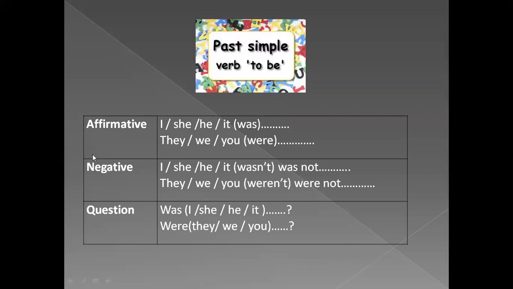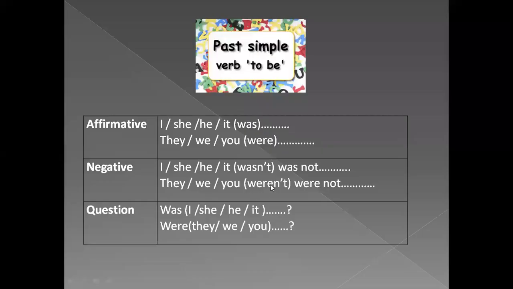Let's move to the negative form of the past simple. When I want to make a negative form of the past simple, the verb be becomes: we add not to was, and it becomes wasn't.